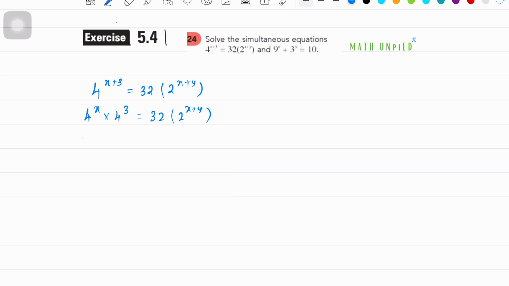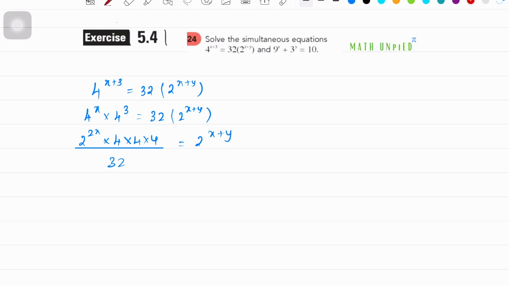Now this is 2 raised to 2x times 4 raised to 3, or we can write this as 4 into 4 into 4 over 32, by bringing this 32 to the left side and putting it in the denominator. So this is equal to 2 raised to x plus y.